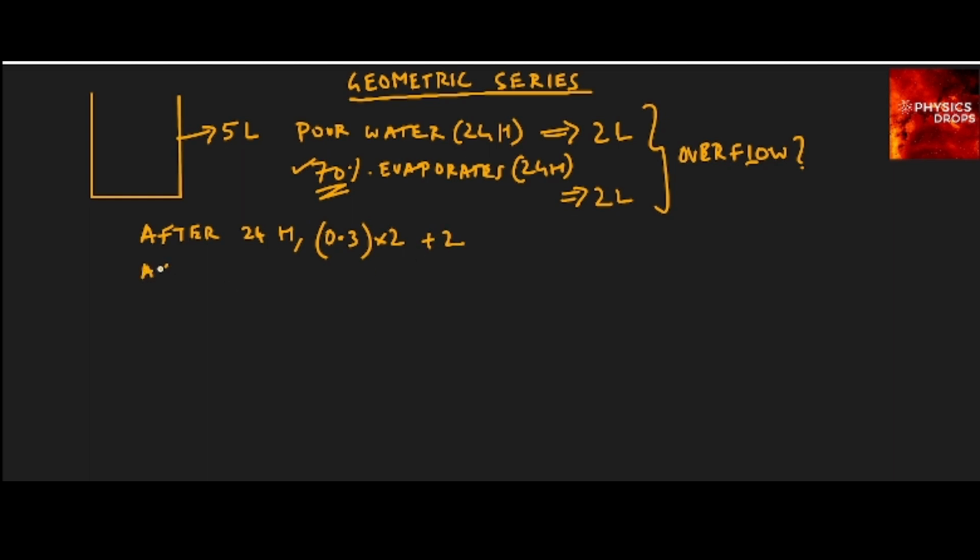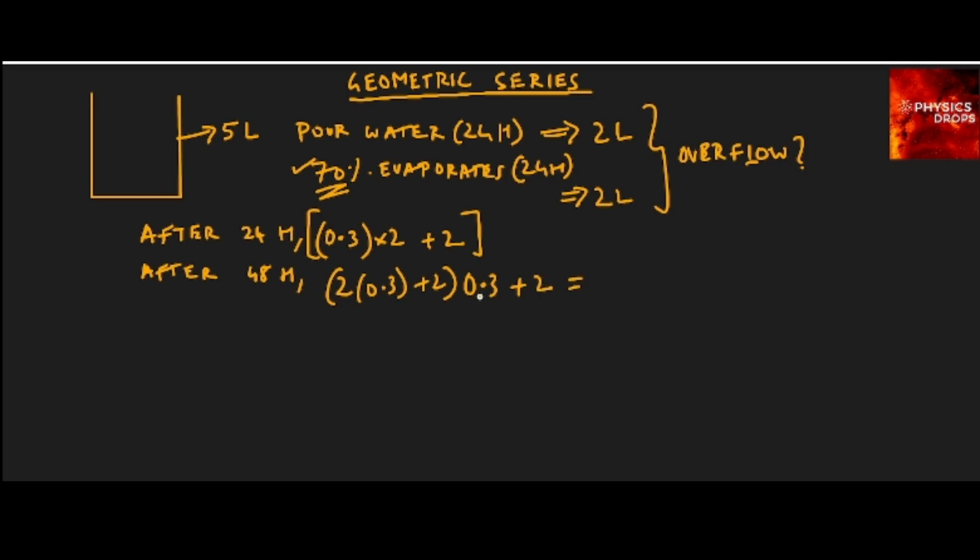Then let's say after 48 hours, what would happen? Whatever is here, 0.3 times 2 plus 2, of that 30% would remain, 0.3. Then I'm going to add 2 liters again.